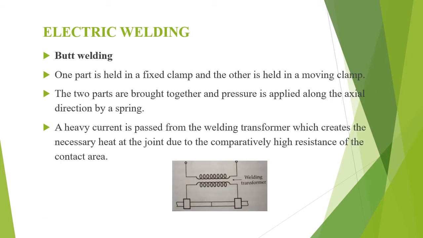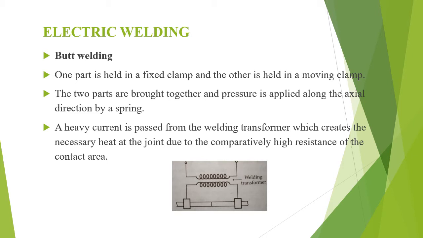Butt welding. In this welding process, one part of the metal is held in a fixed clamp and the other is held in a moving clamp. These two parts are brought together and pressure is applied along the axial direction by a spring.